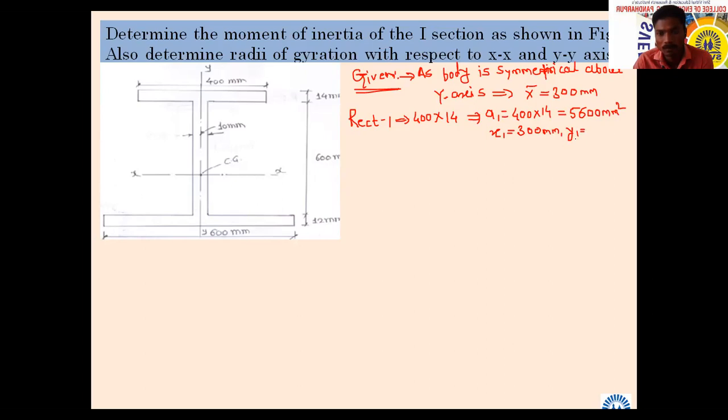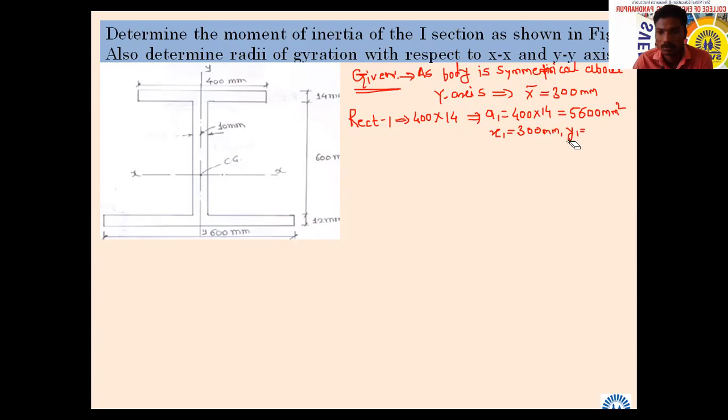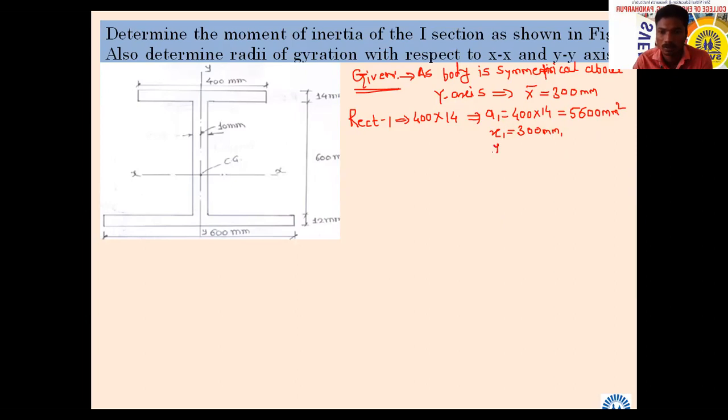Y1 is the bottom 12 plus 600 plus 14 by 2. Calculate how much it is.